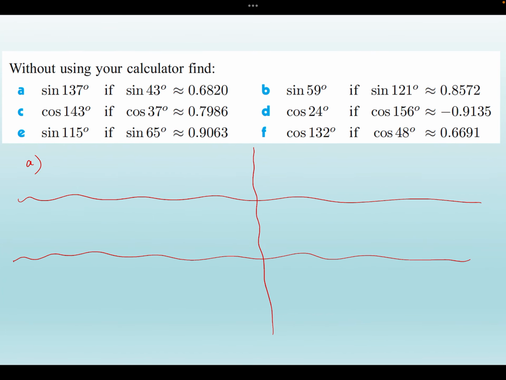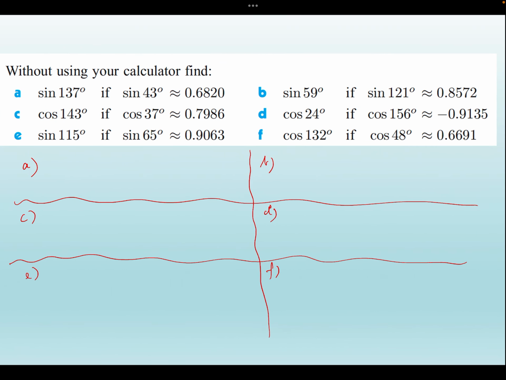Now, maybe I'll give you the first example. You know that 137 degrees is actually 180 degrees minus 43 degrees. Therefore, sine 137 degrees is the same as sine 43 degrees, which is approximately 0.6820.